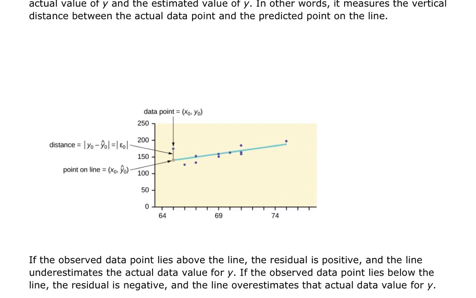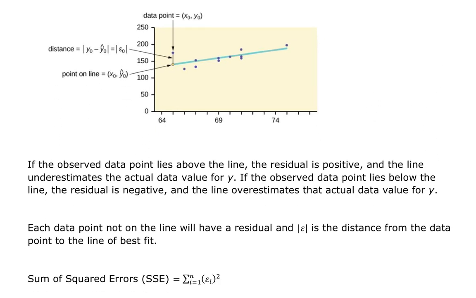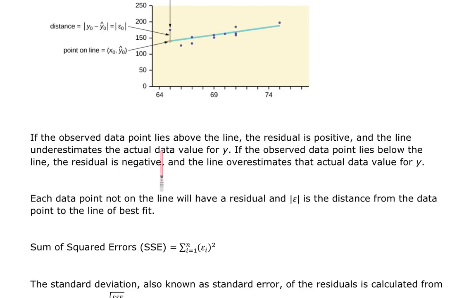As an example, here is the predicted. We have an x and the predicted y, which is y hat. But the actual data point is this point right here, which is x naught, y naught. If the observed data point lies above the line, as in this example here, the residual is positive and the line underestimates the actual value for y.